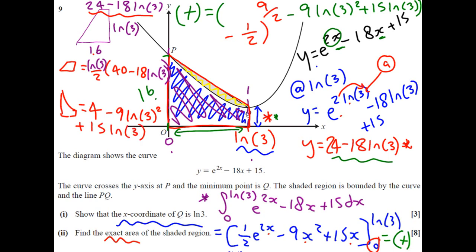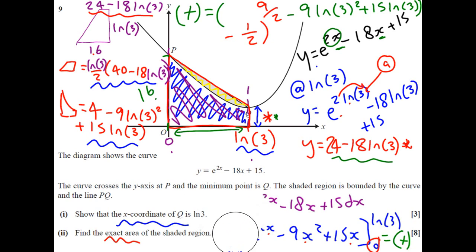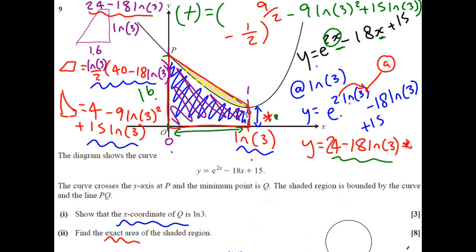Okay, and remember, we're doing this, take away this. So, final bit of erasing, hopefully, and then an answer. We are now doing our trapezium bit, take away our curve bit.